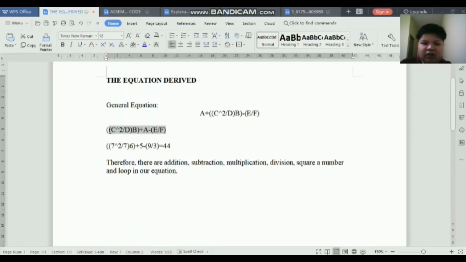The code depends on this equation: c squared divided by d times b plus a minus e over f. First, c value is 7, d is 7, b is 6, a is 5, e is 9, and f is 3. After that we will get the answer 44.